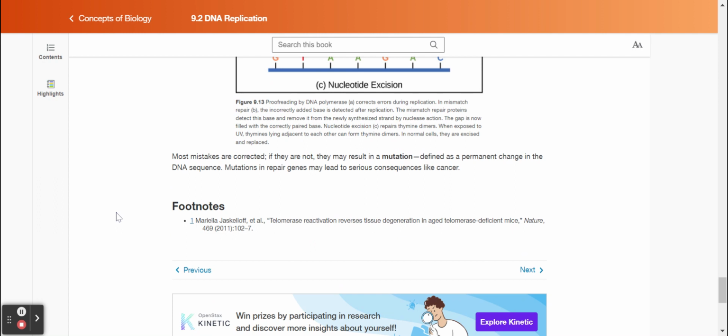Most mistakes are corrected. If they are not, they may result in a mutation, defined as a permanent change in the DNA sequence. Mutations in repair genes may lead to serious consequences, like cancer.